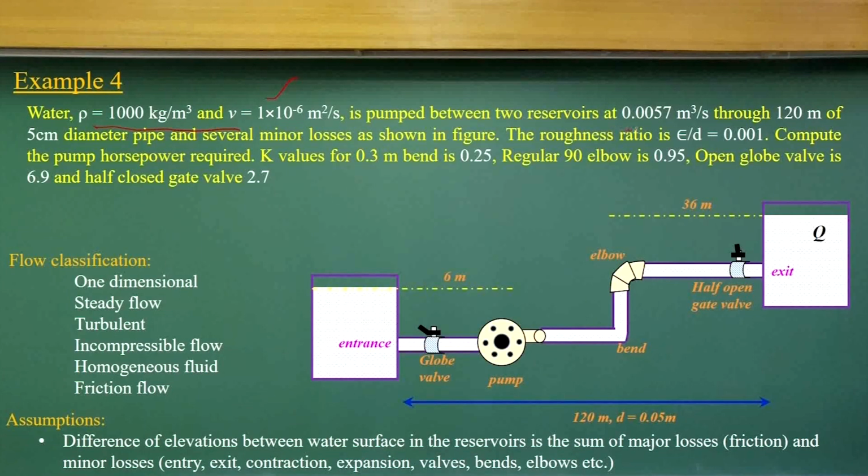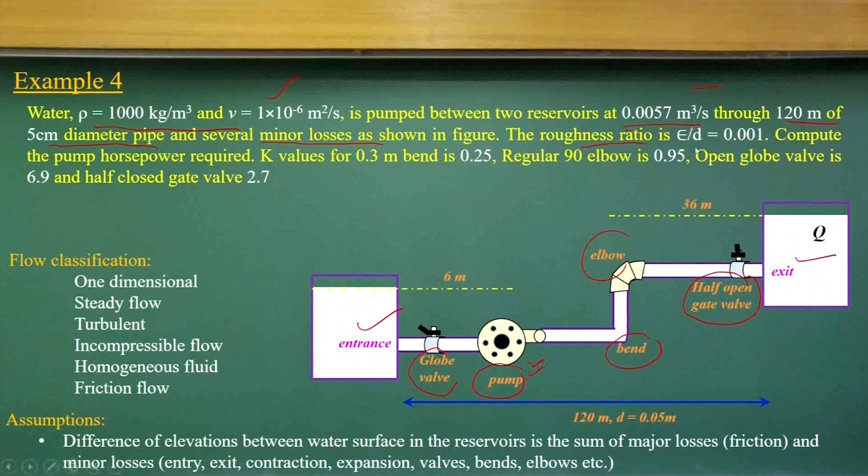The two reservoirs are connected by a 120 meter long, 5 centimeter diameter pipe. Several minor losses can happen, like valve losses, there is a pumping system here, a bend, an elbow, a half open gate valve, the exit and entrance; all the losses can be there.